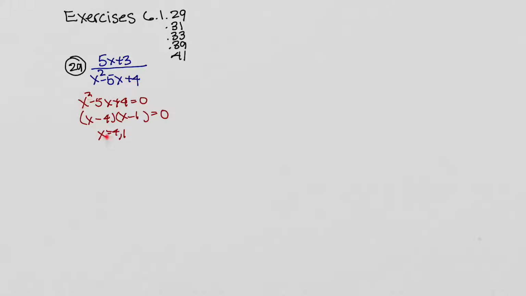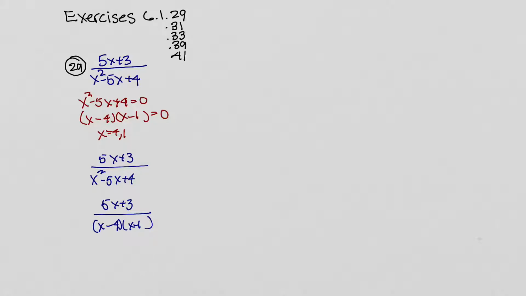Now this is what we're doing. We're probably going to do this kind of in our head, but the way I'm going to write this problem, when I see this problem, I would write it like this. 5x plus 3 over x squared minus 5x plus 4. I'd rewrite it, 5x plus 3, and then I'd factor the denominator, getting x and x, our 4 and the 1, a minus and a minus.